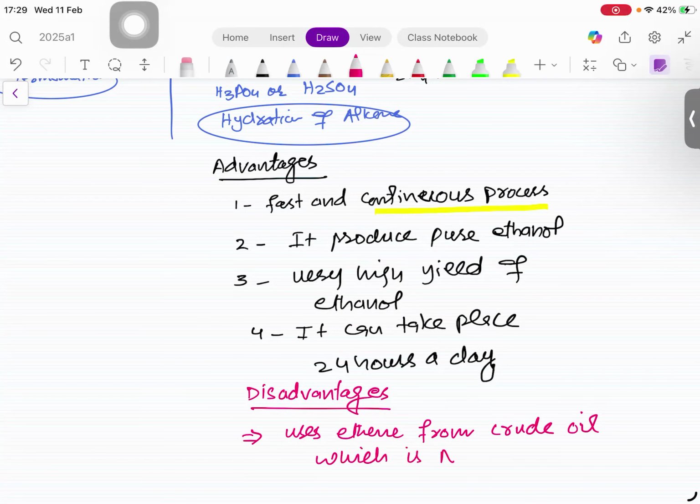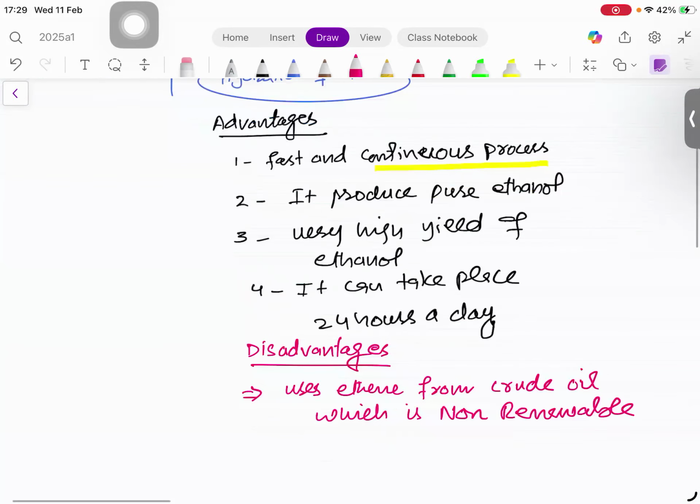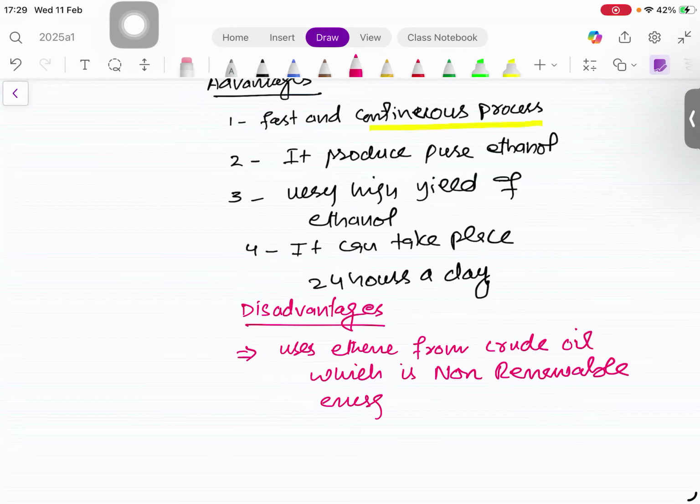Or in another way, ethene is obtained from a non-renewable energy source.